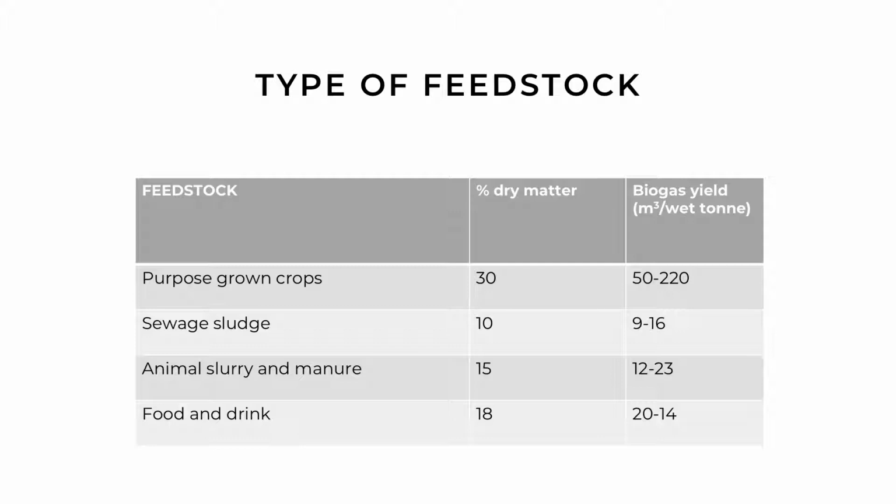However, the single most important parameter is the type of feedstock. This table shows the typical biogas yield according to different feedstock. As you can see, sewage sludge produces very little biogas, and therefore it should be mixed with other inputs.